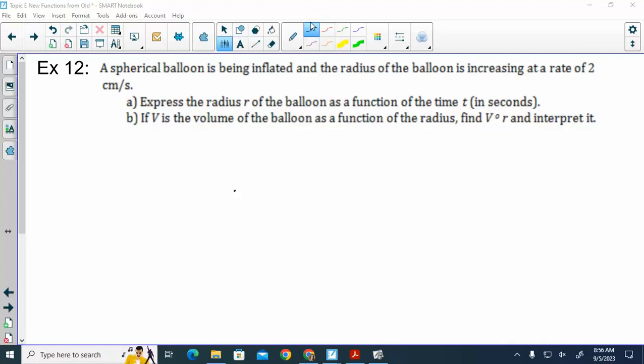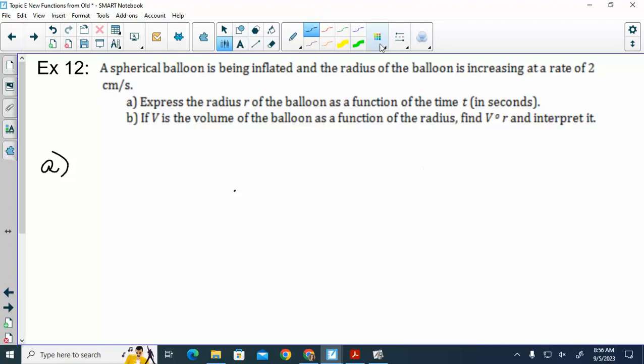So this problem says a spherical balloon is being inflated and the radius of the balloon is increasing at a rate of 2 centimeters per second. So part A, express the radius of the balloon as a function of the time t in seconds.